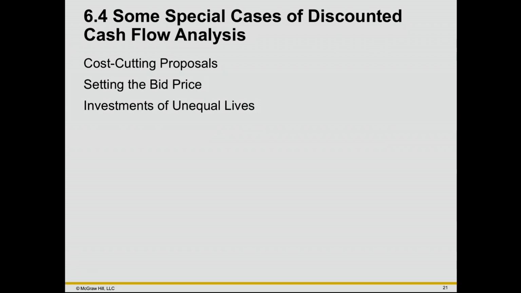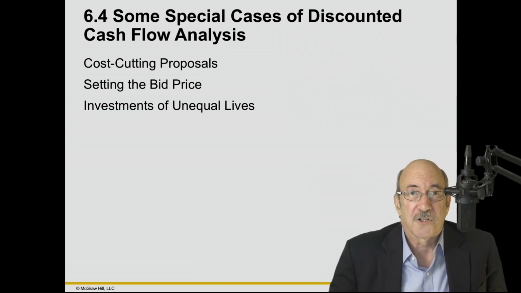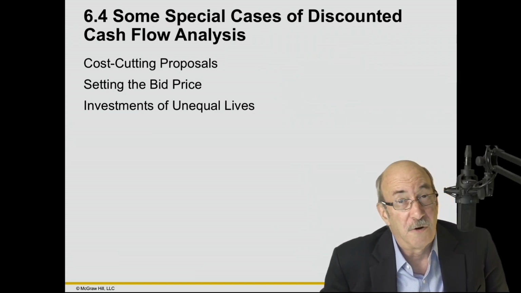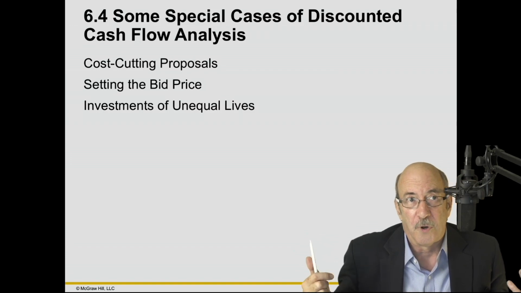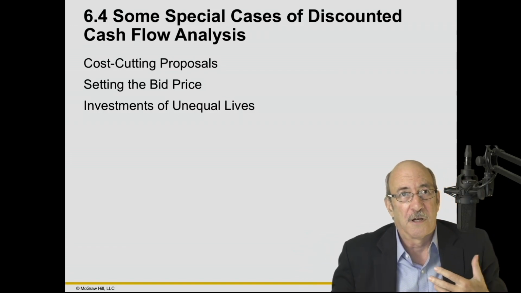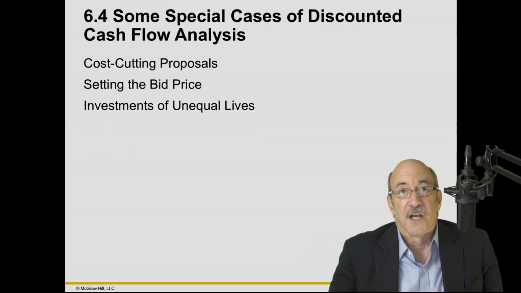A couple of other things here before we close up, and I'll come back in. Cost-cutting proposals, how do you deal with that? Because you don't have revenue, all you're doing is cutting costs. Setting a bid price. So suppose you're bidding on a government project, and you've got to pick a bid price.